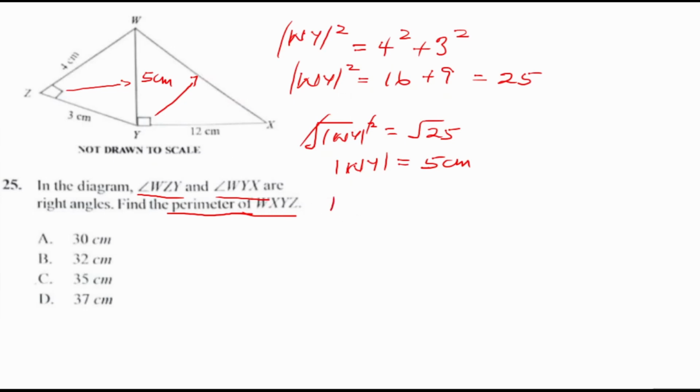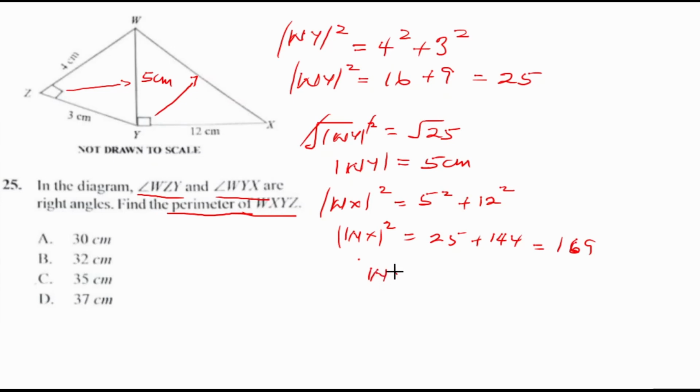The length of the side WX squared will be equal to 5 squared plus 12 squared, because they are the other two sides of this right triangle WYX. So the square of the line WX will be equal to 25 plus 144, and this will give us 169.